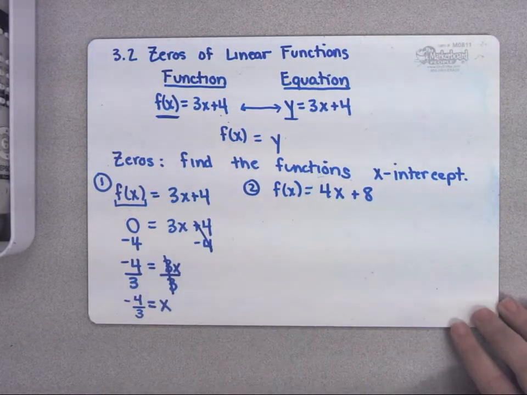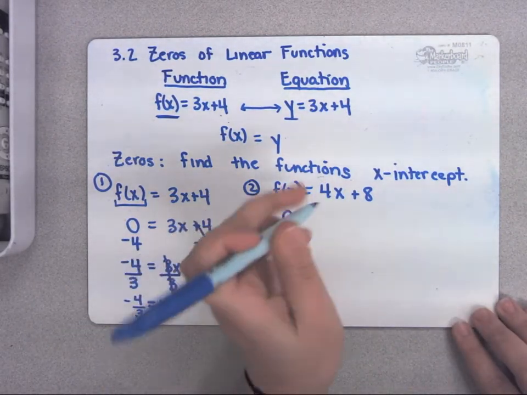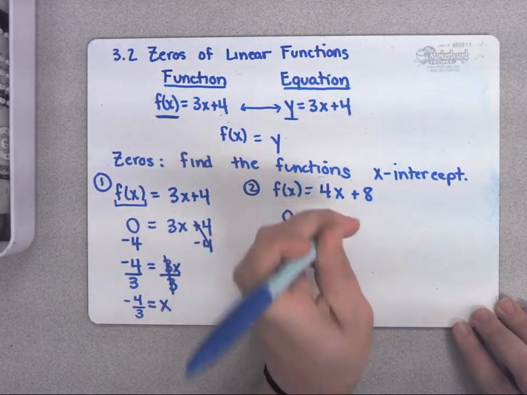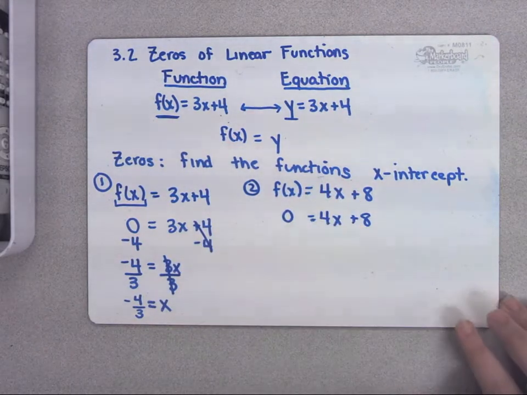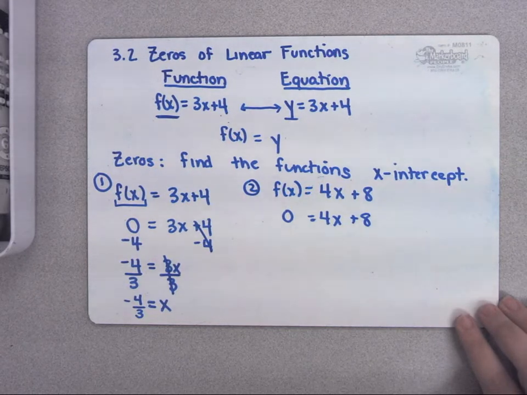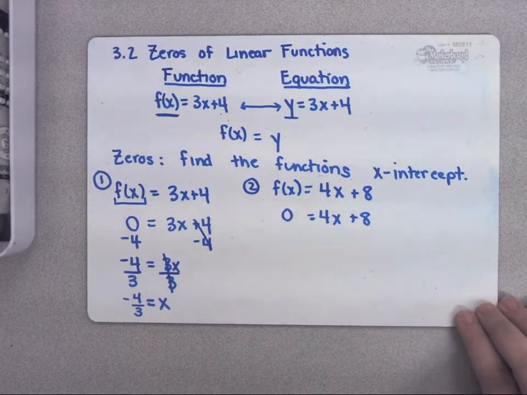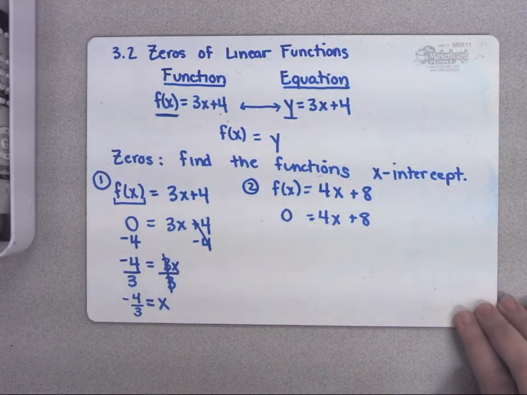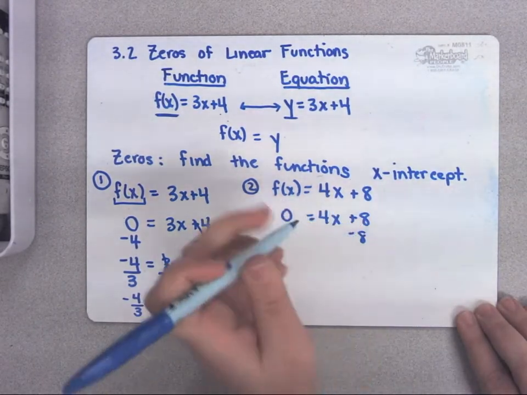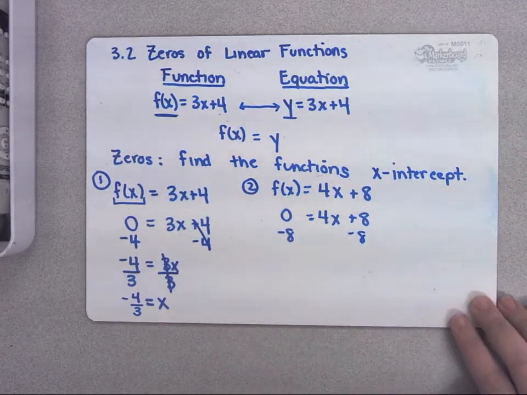We're going to put 0 in for what? F of x. This one's actually easier, right? Because 0 always goes in the same spot. Every single time we do this, we're always going to add or subtract first. What are we going to move first? The 8. Subtract 8 from both sides.